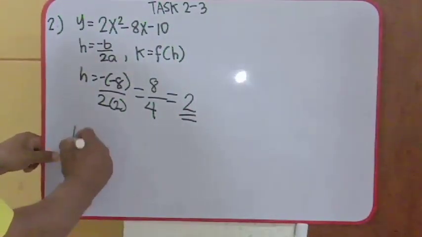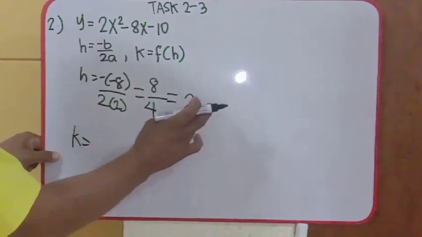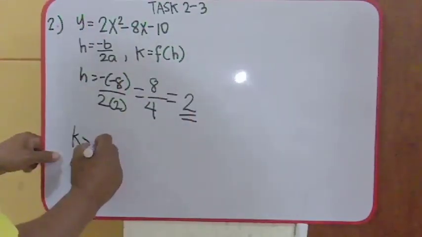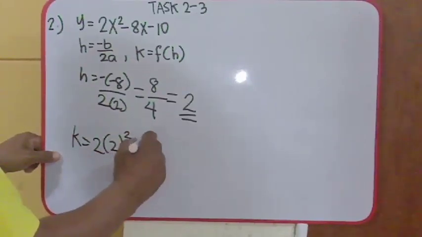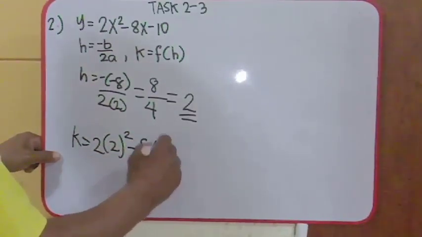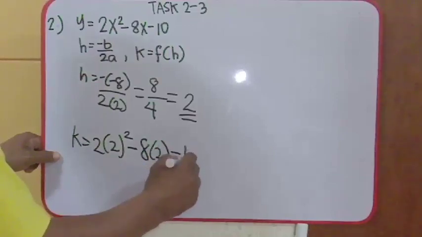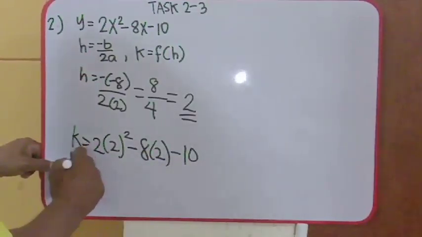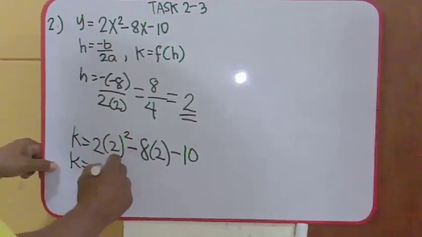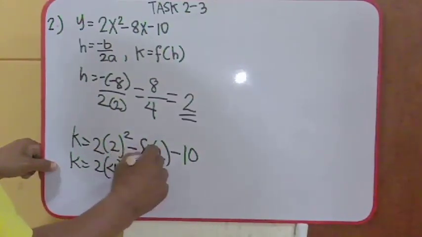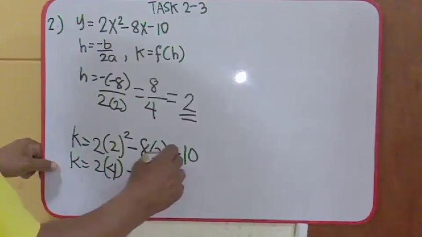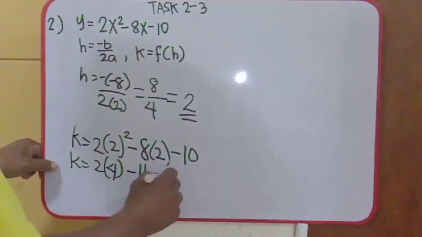How about k? So by substituting 2 to the x, so we have 2 times 2 squared minus 8 times 2 minus 10. By simplifying, so 2 squared, that is 4, times 2 minus 8 times 2, that is negative 16. We have negative 10.